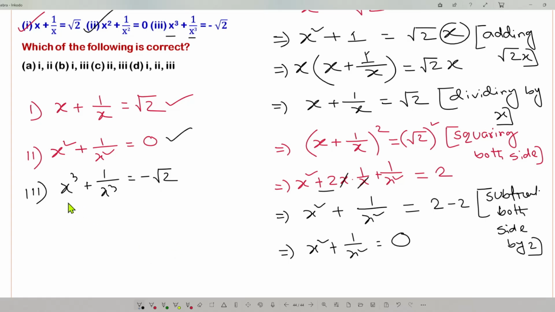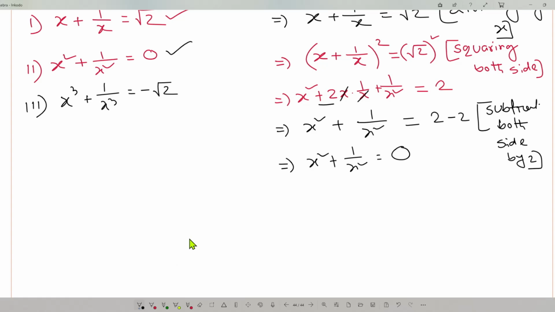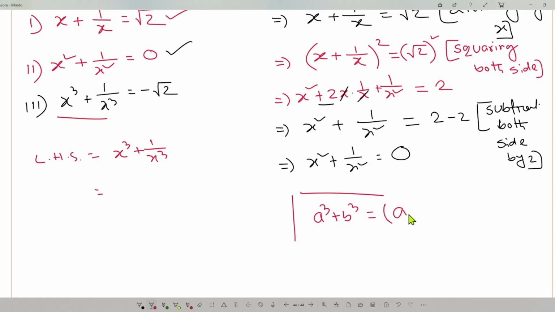Now look, on the left hand side, which is x cube plus 1 by x cube, as per the law of cube, we know a cube plus b cube equals a plus b whole cube minus 3ab times a plus b.